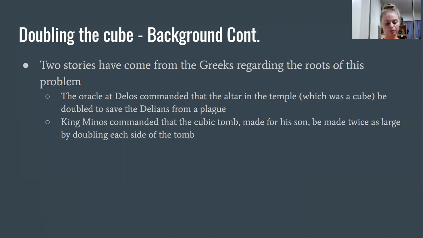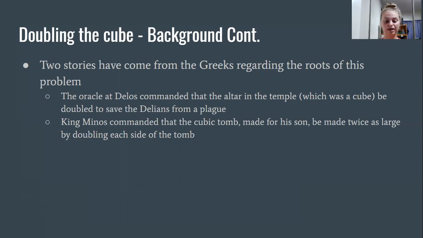And then the other one relates to King Minos. I don't know if I'm saying that right. I'm just going to go with Minos. He commanded that a tomb be made for his son. After its completion, he was dissatisfied with how big it was. So he commanded that the cubic tomb be made twice as large by doubling each side of the tomb.